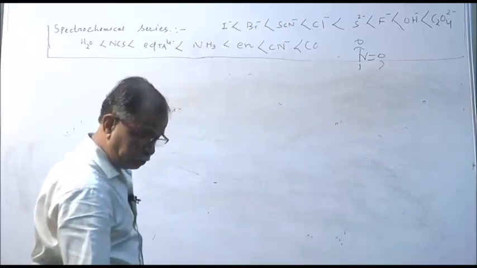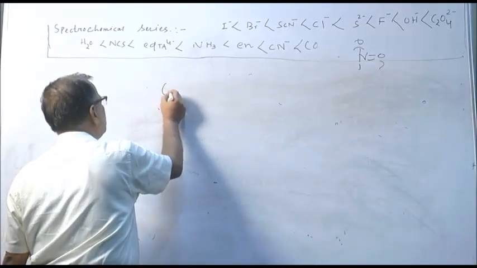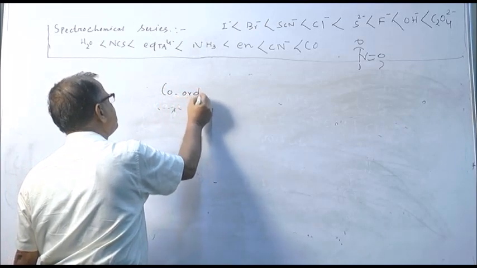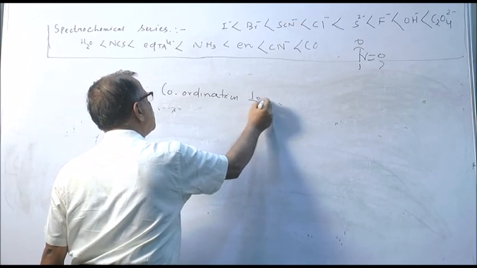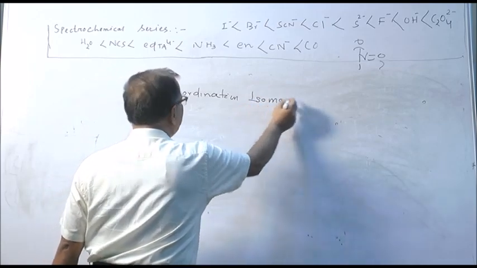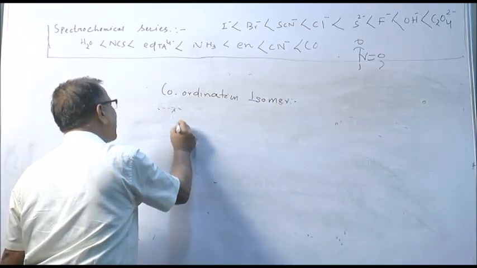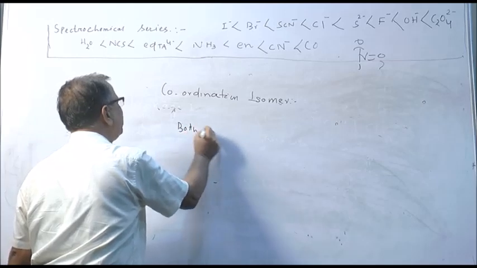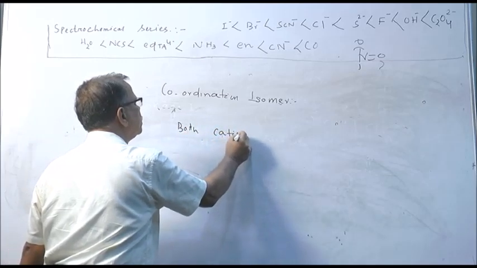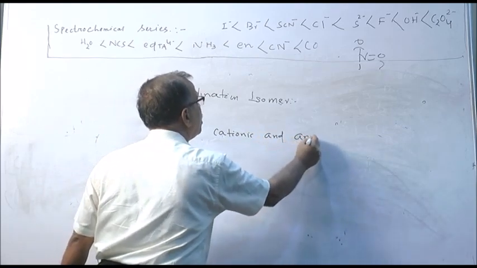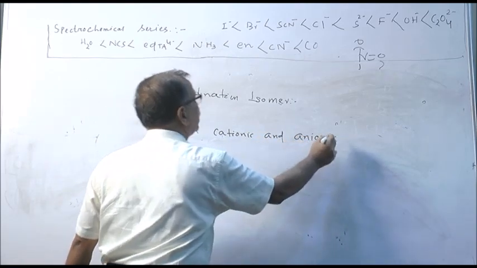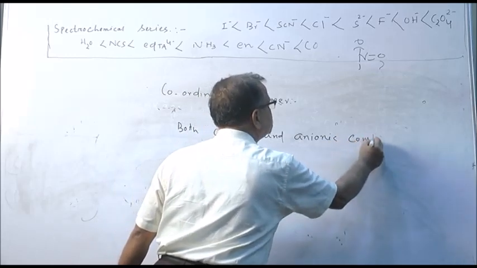The other one is coordination isomer. In coordination isomers, both cationic and anionic complexes are present.